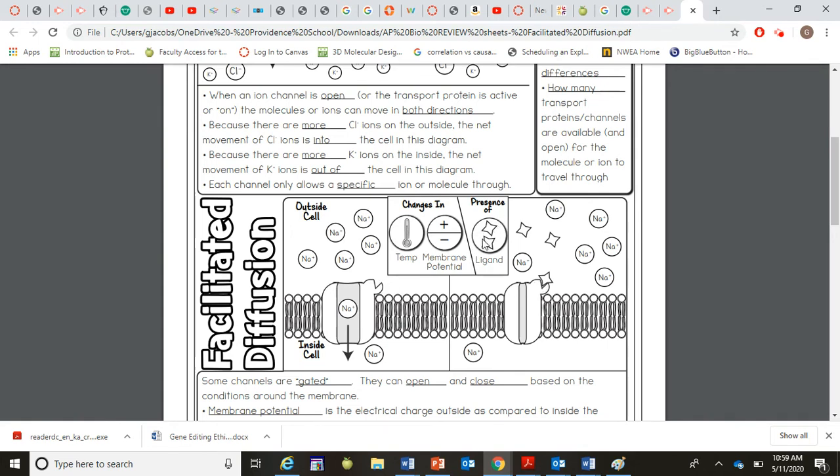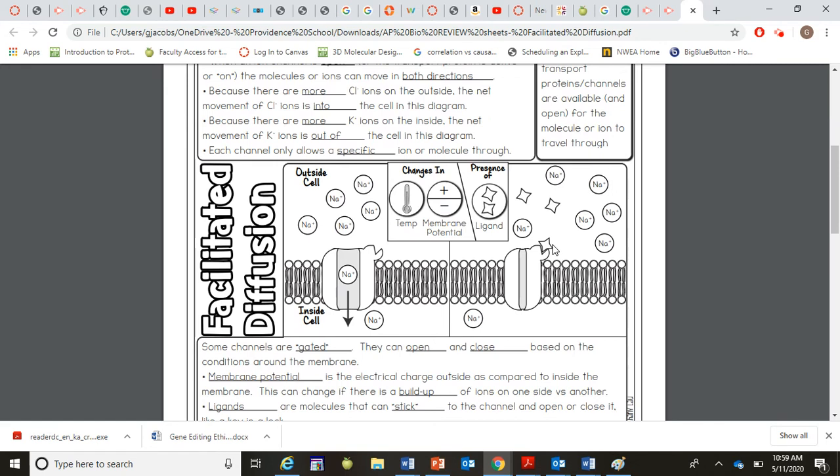The ligand would represent the security badge that binds to the outside of the membrane protein, or in this receptor right here. When the ligand binds to the receptor, it can cause the door to be open or closed. In this case, with the ligand bound, it's actually causing the protein channel to close.